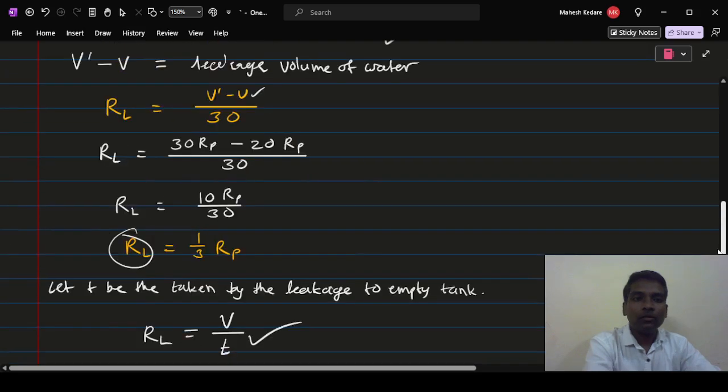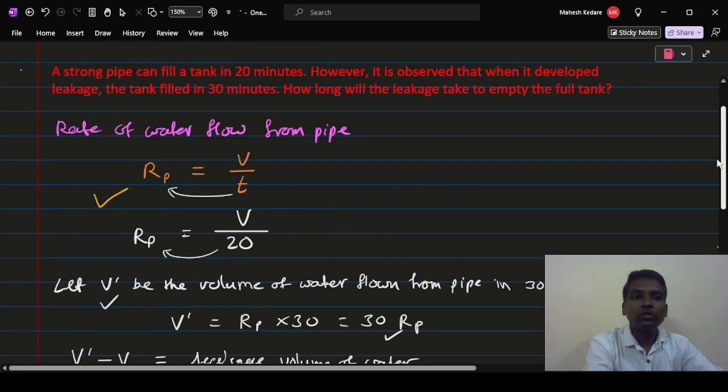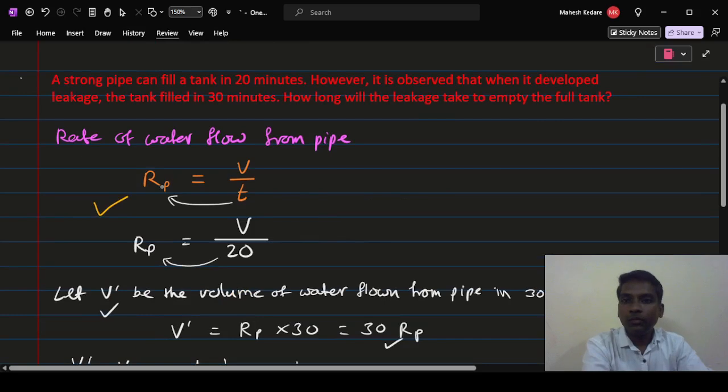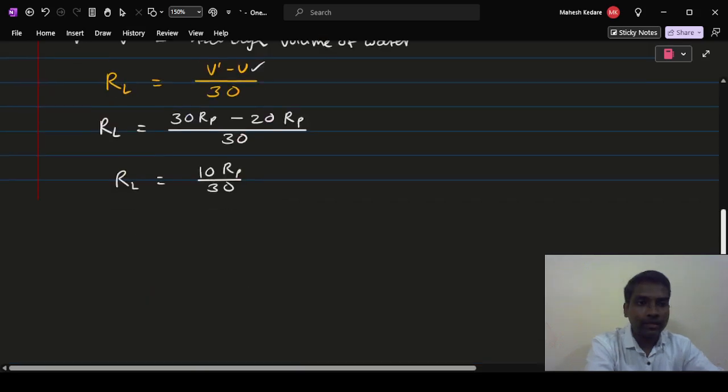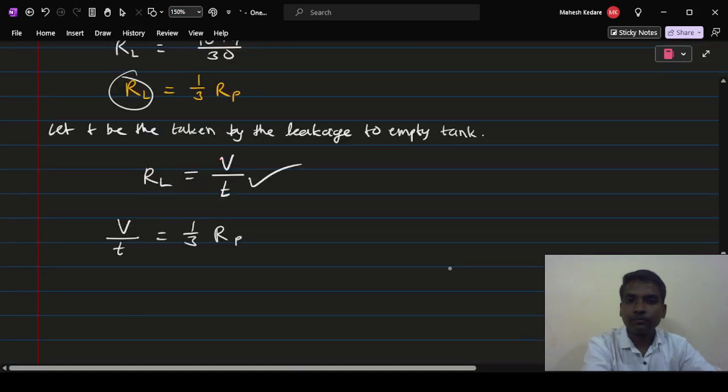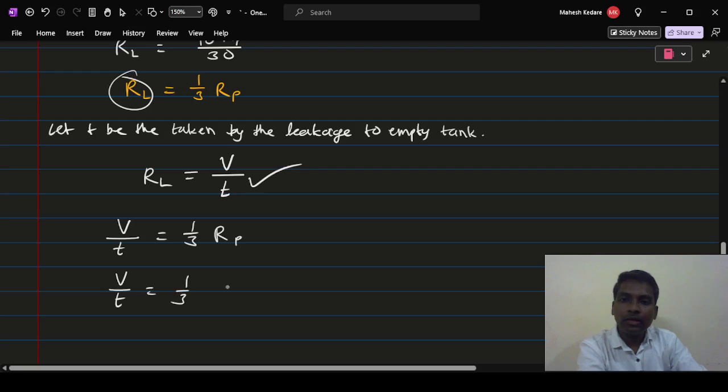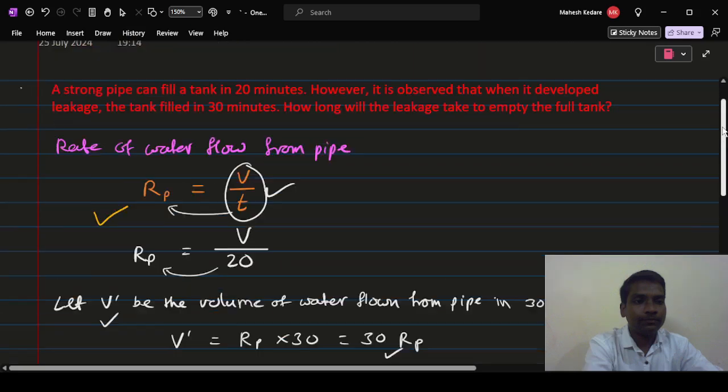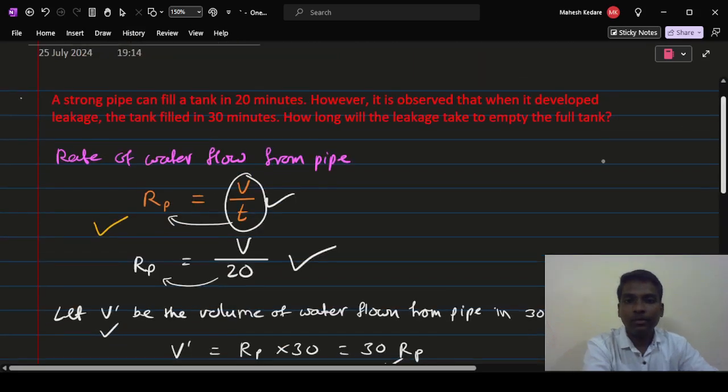Now we again move to the first equation where we have Rp equal to V by T. So we replace Rp by V by 20 on the right hand side.